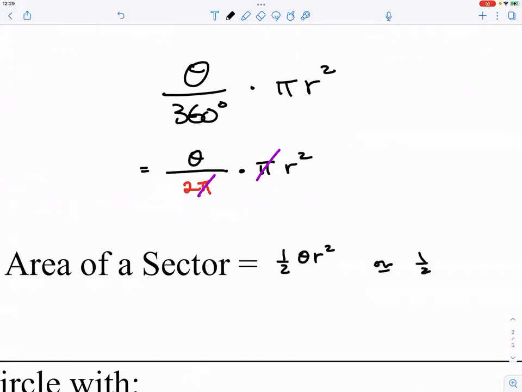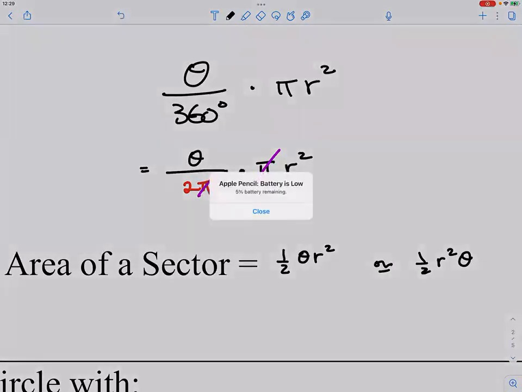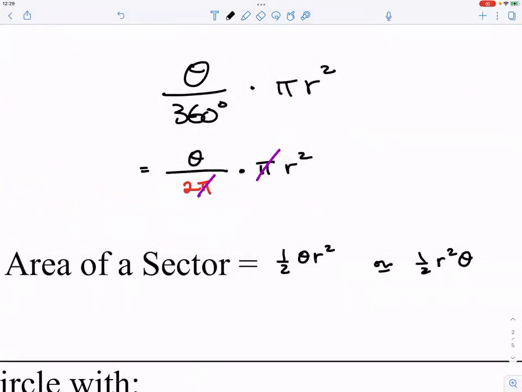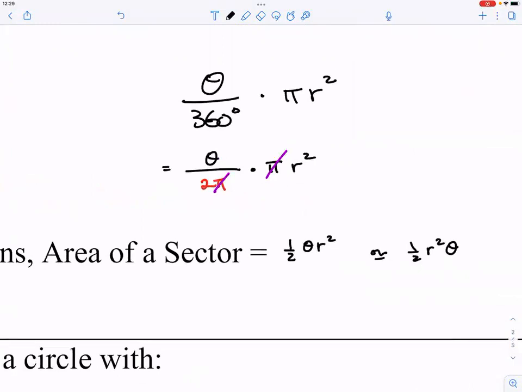Some people would do 1/2 r squared theta. Again, if you use this equation, the theta must be in radians.